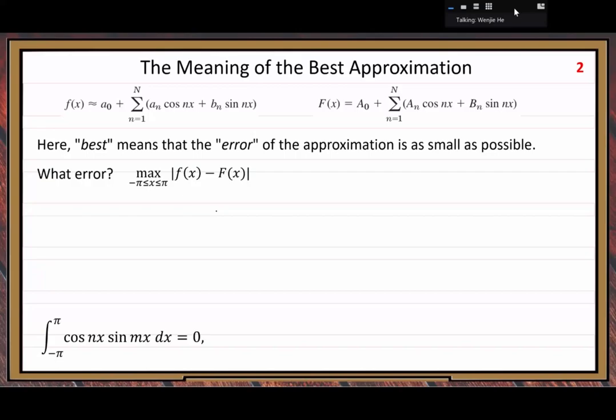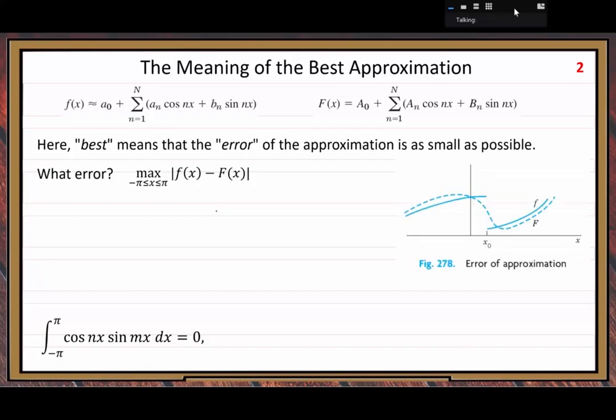Because when we define the error, there are many different ways. This is one of the several popular ways to define the error, the first way. We have other ways.